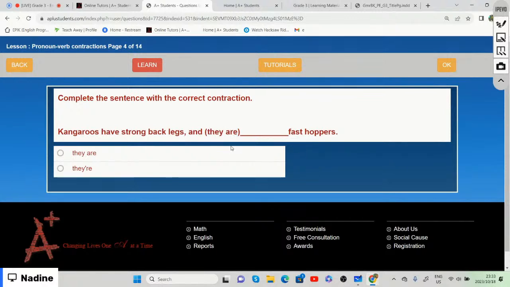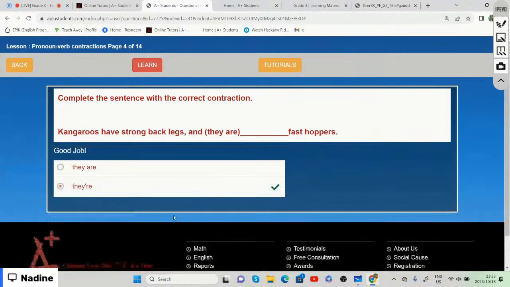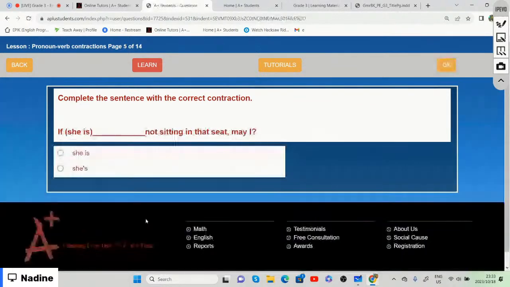If we select the correct contraction of they are, remember we said that the pronoun they stays the same. We remove the A, we put our apostrophe, and we put the RE. So the second one, they're, is correct. Well done. Awesome. All right, let's do the last one, and the rest you will do on your own.